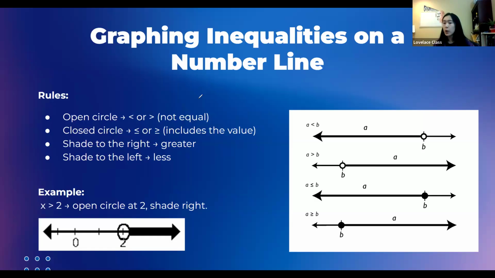X could be 3, 4, 5, on and on. We show that with an arrow pointing to the right, which covers all the numbers greater than 2. But it cannot be equal to 2, so we put an open circle at 2, because an open circle means it does not include 2. Does that make more sense? Yeah. Okay.